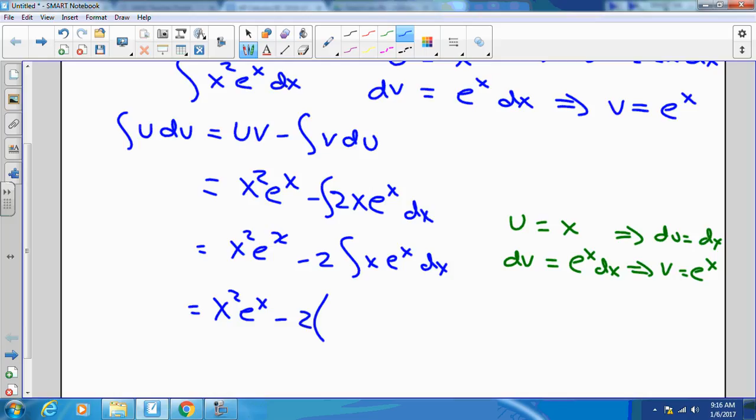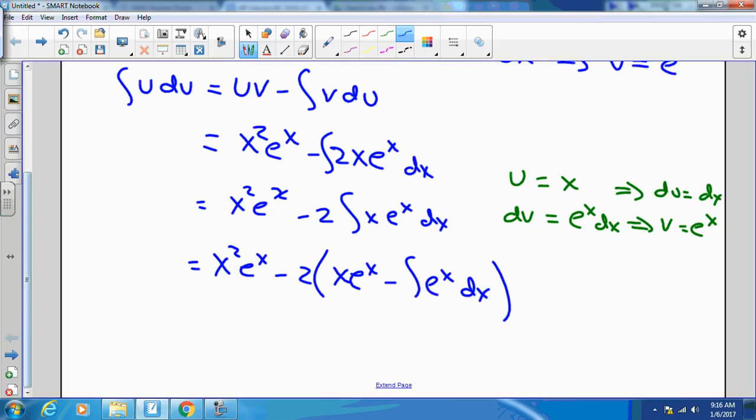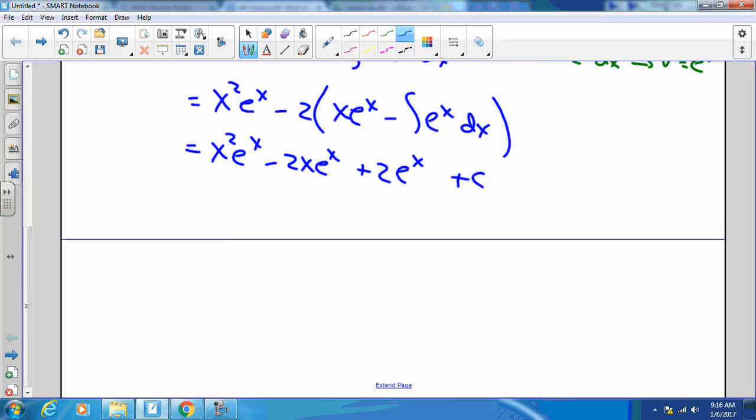So I need to be very careful with my parentheses. So that when I simplify, I get x squared e to the x minus 2x e to the x plus 2 e to the x plus the obligatory constant.